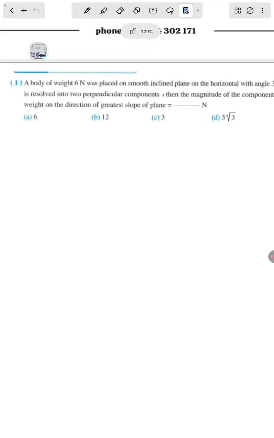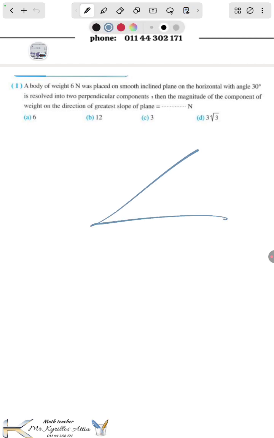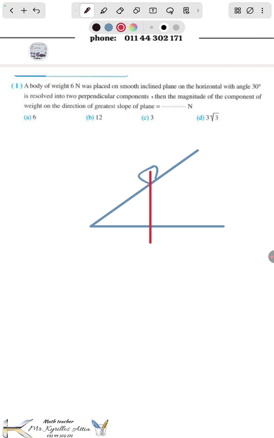Number 1. A body of weight 6 Newton was placed on a smooth inclined plane making an angle of 30 degrees with the horizontal, and the weight is resolved into two perpendicular components. Find the magnitude of the component of weight in the direction of greatest slope of the plane. Firstly, I have the smooth inclined plane, and the body's weight is 6 Newton.